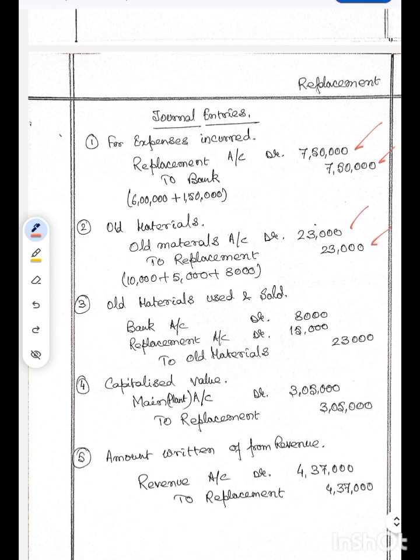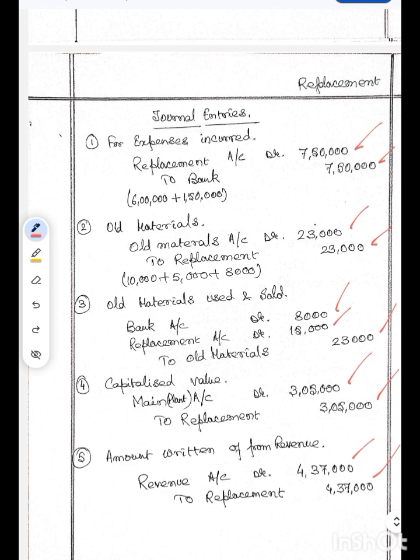Old material used and sold. Old material sold 8,000 and used for replacement 15,000. Therefore 23,000 is the total. Thereafter capitalized value for main plant, that is 3,05,000 already considered, and thereafter amount charged to revenue 4,37,000.